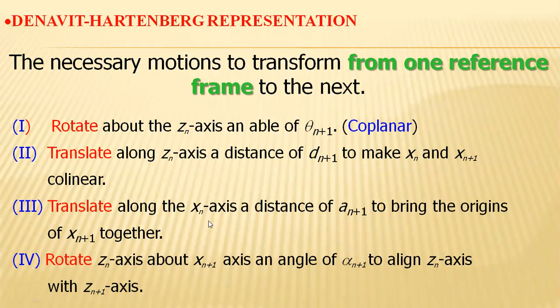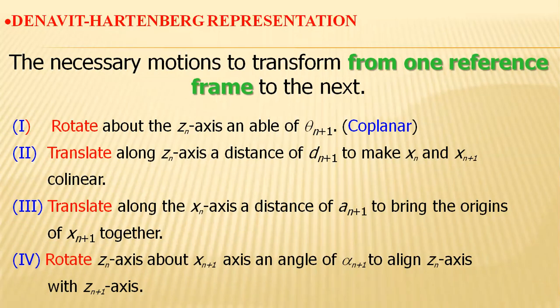So from the ZX plane it has entered the YX plane, and then further translating along the x-axis leads to a reference frame change. Furthermore, that is the second translation.